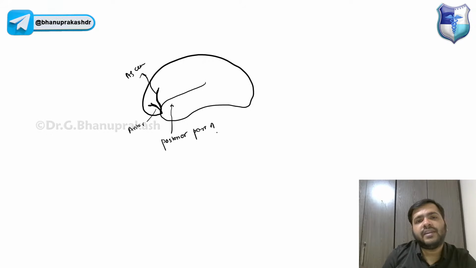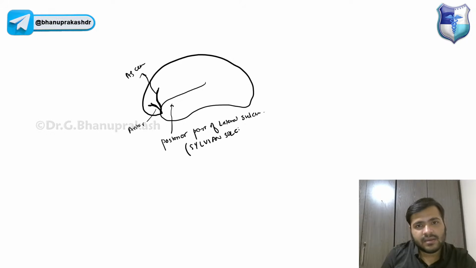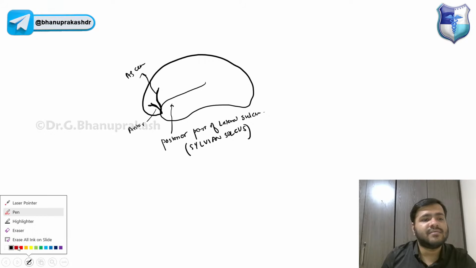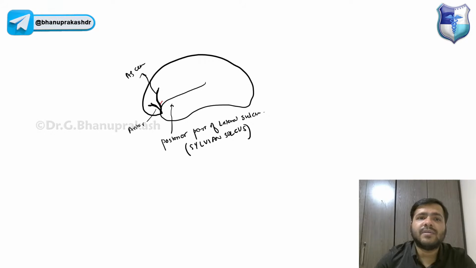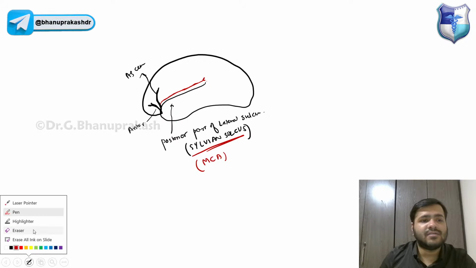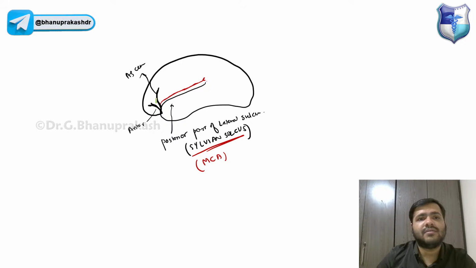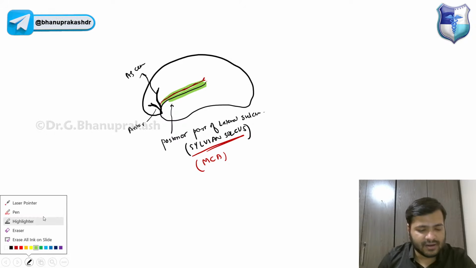Over here, it is given a special name, the Sylvian sulcus, and you can appreciate what will be passing here. Yes, the middle cerebral artery will be passing in this Sylvian sulcus. Over here we have a cistern, and you already know that it is called the cisterna ambiens, right?